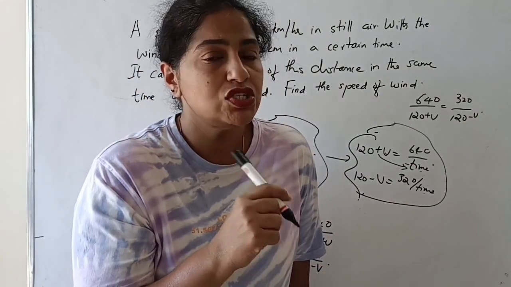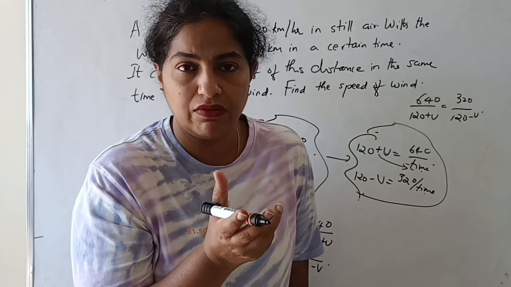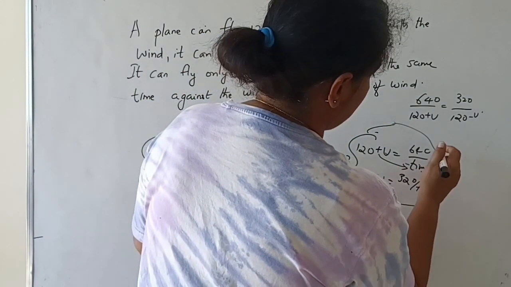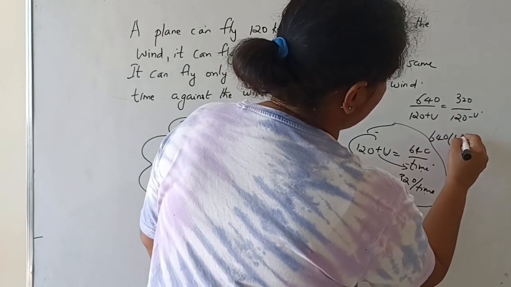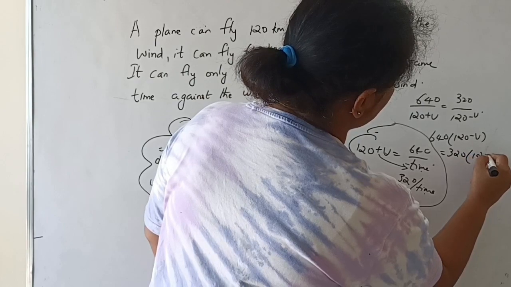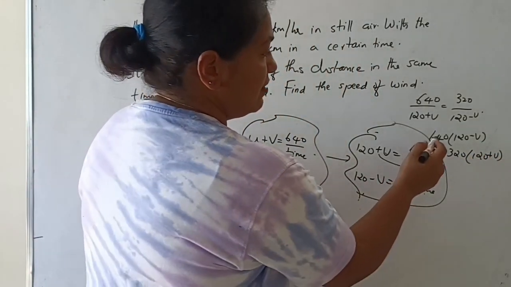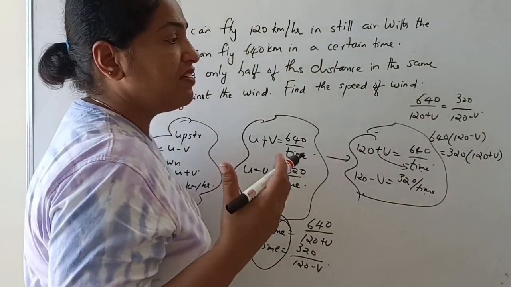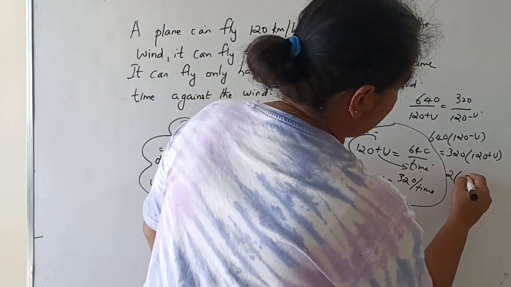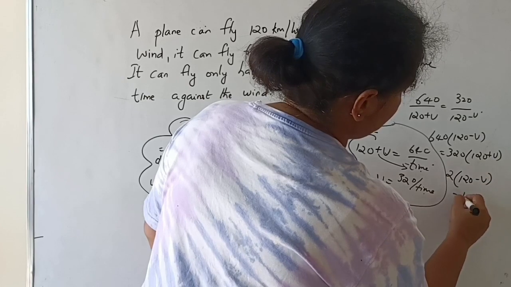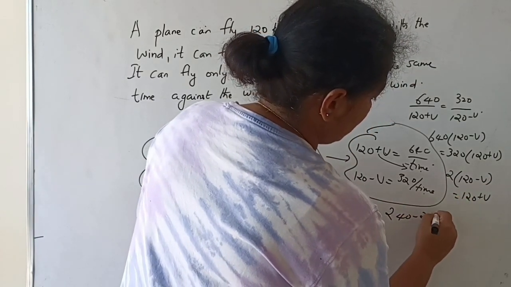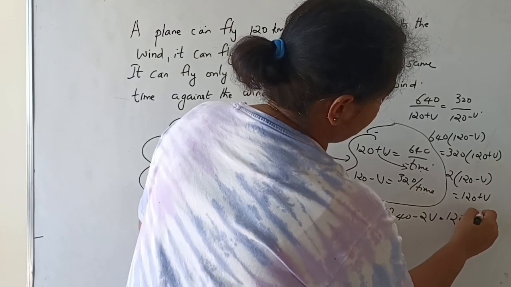You know there are fractions, single terms on both sides of the equal to sign, so we have to cross multiply. You get 640 into 120 minus v is equal to 320 into 120 plus v. 640 and 320 have a common factor, which is 320. I will cancel, so I will get 2 into 120 minus v is equal to 120 plus v, or 240 minus 2v is equal to this.